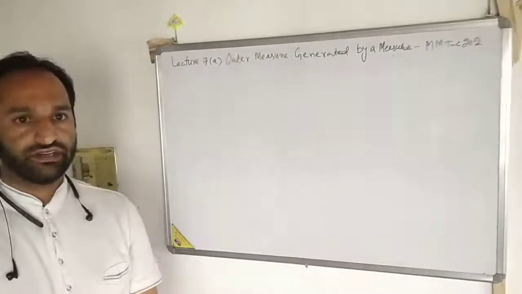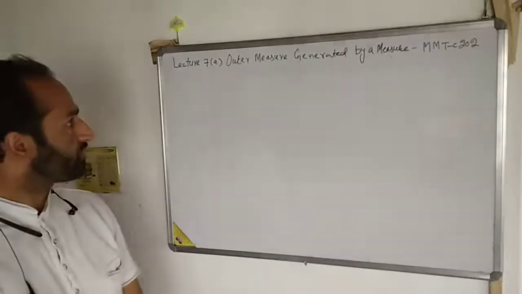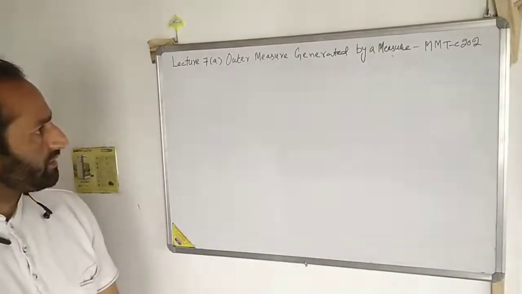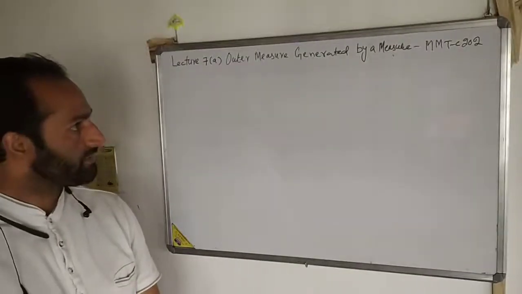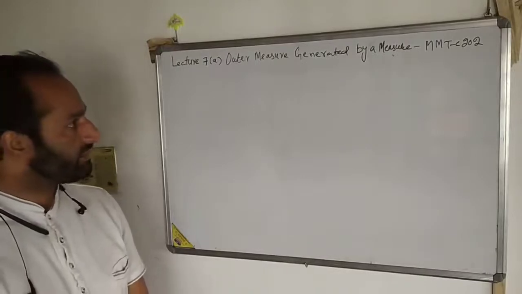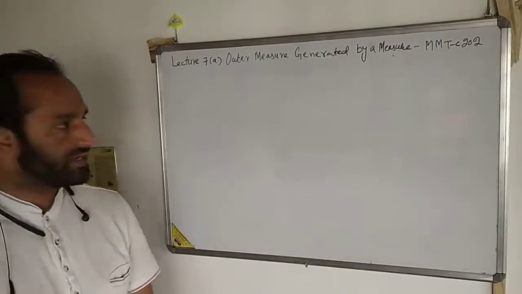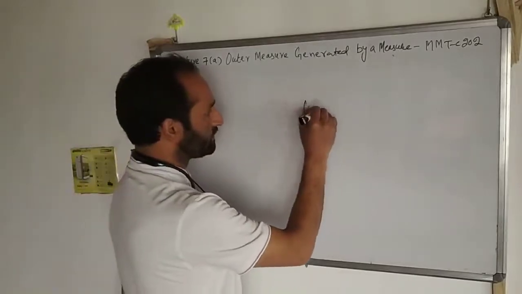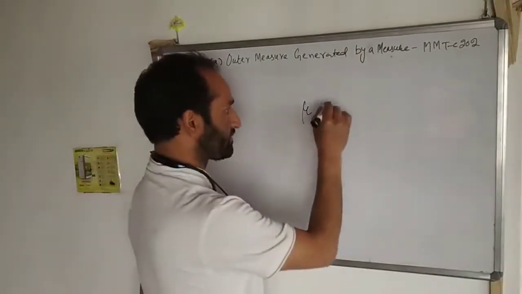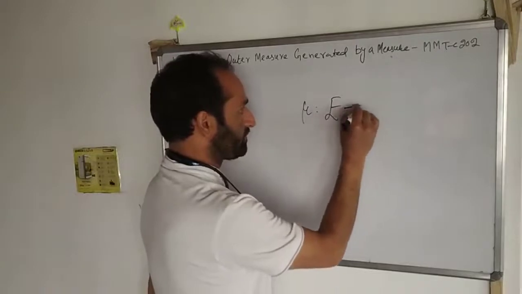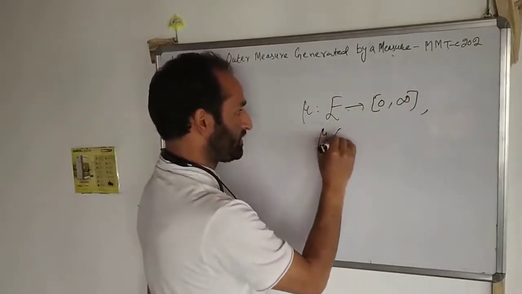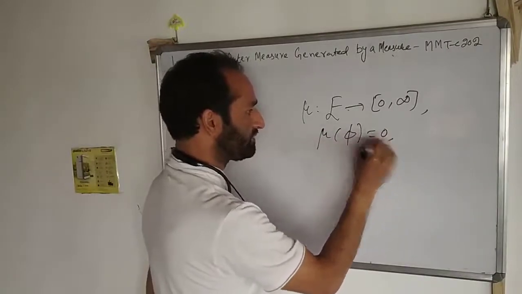In this lecture, we will discuss outer measure generated by a measure. In the previous lecture, we constructed an outer measure generated by a set function mu, where this mu is a set function from F to [0, infinity] with the property that mu of phi is equal to 0.